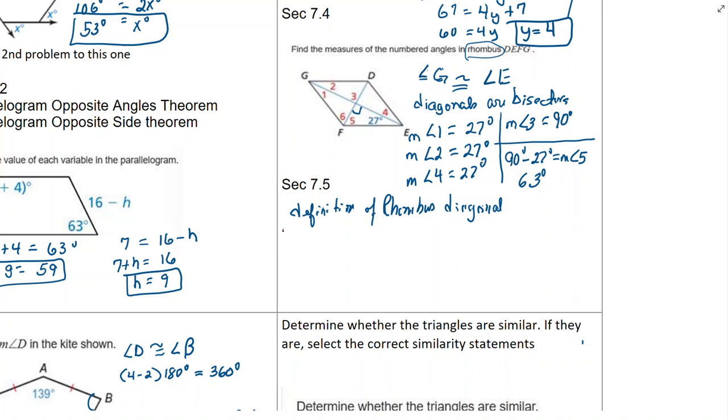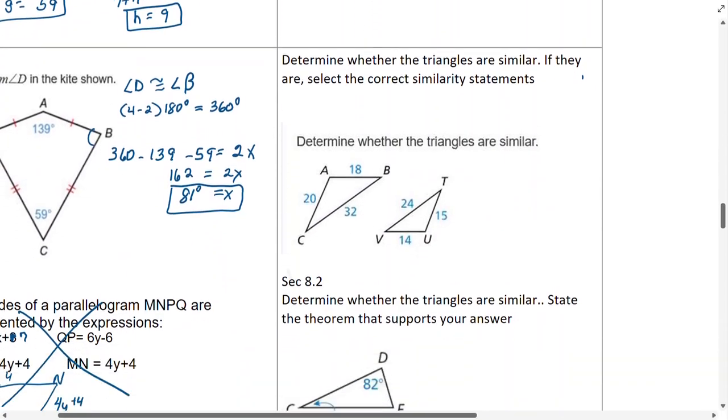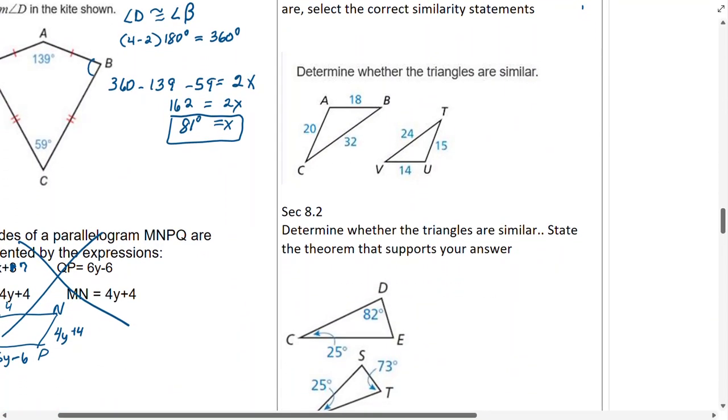Yes, make sure, double check me. And since the measure of angle 5 is 63, then the measure of angle 6 is also 63 degrees. Not hard, just take your time.